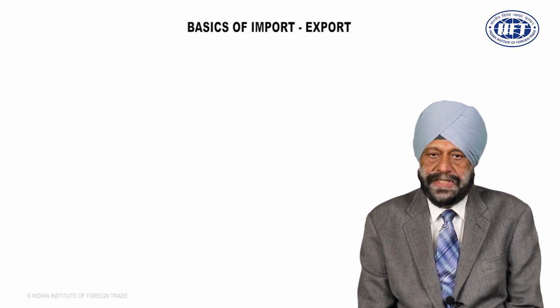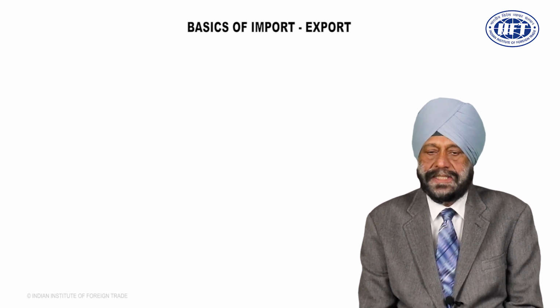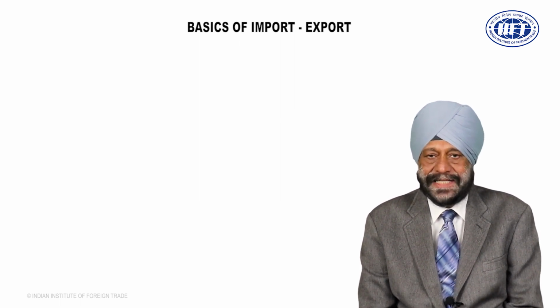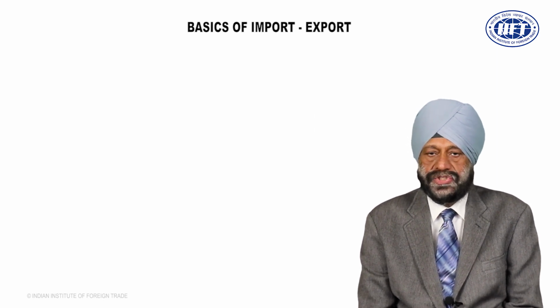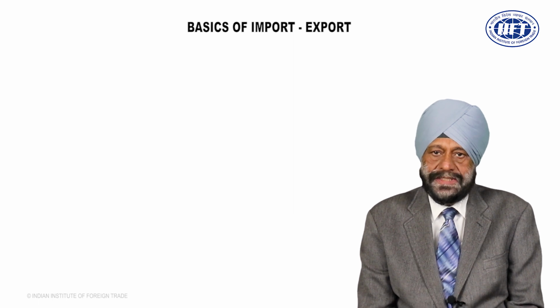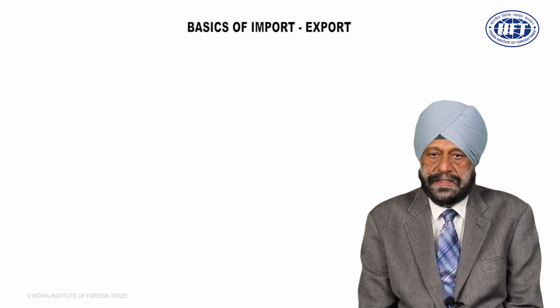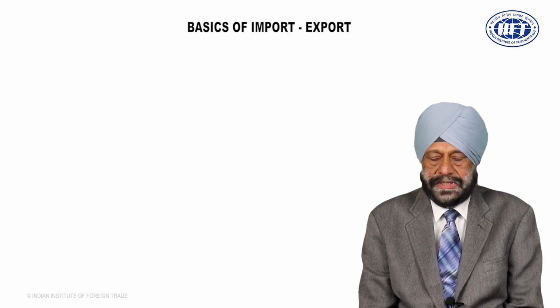And we have seen, to protect against this risk, you have to do hedging. And for hedging, you have to select the right forex derivatives which are available with the banks as well as in exchange houses. What these derivatives do for you is that they will give you a rate for your payment which will come in dollars in future. It means today you know how much rupee you will get from your export payment.